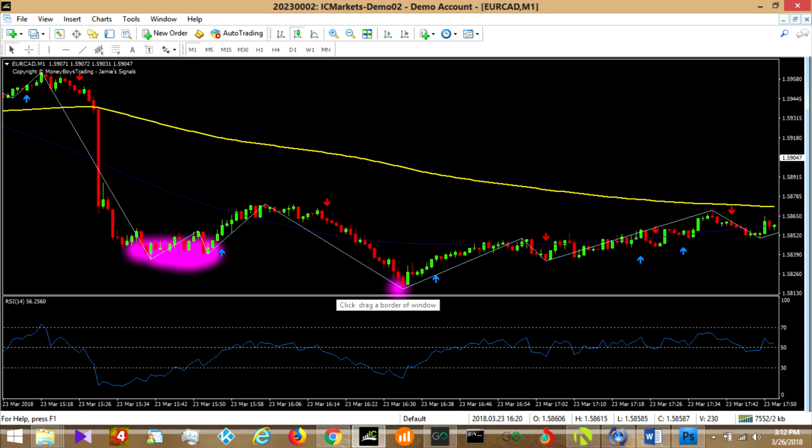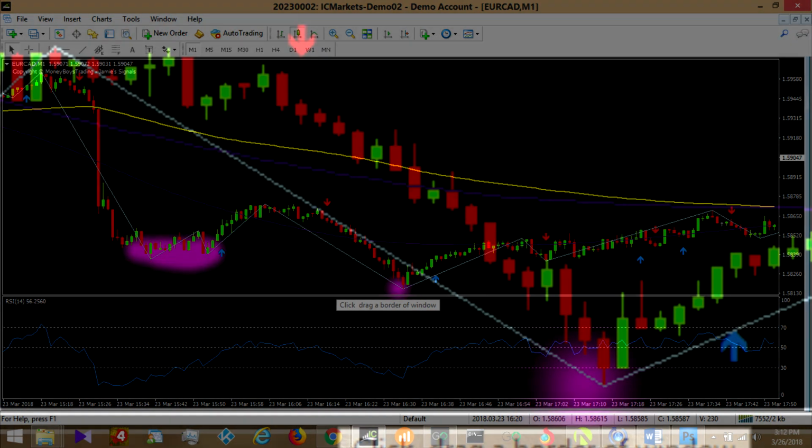Instead, we trade according to the arrow. The arrow says call, so we put a call trade. We rather put 5 minutes. First minute ITM, second minute, or you could do compounding or whatever. There are many things you can do with this strategy.